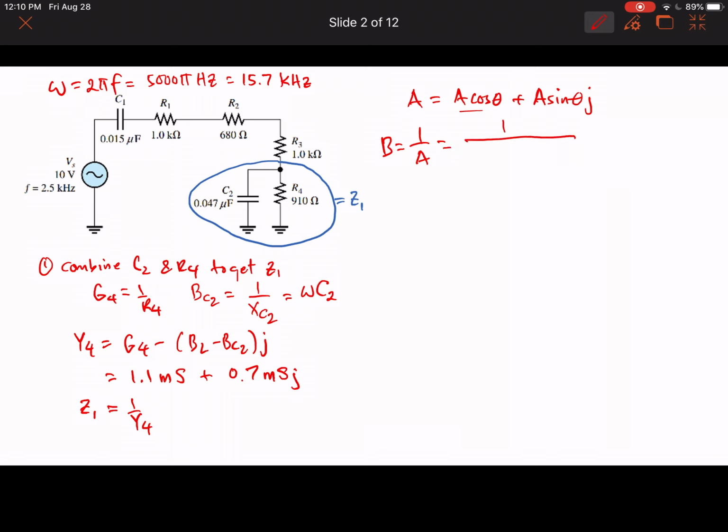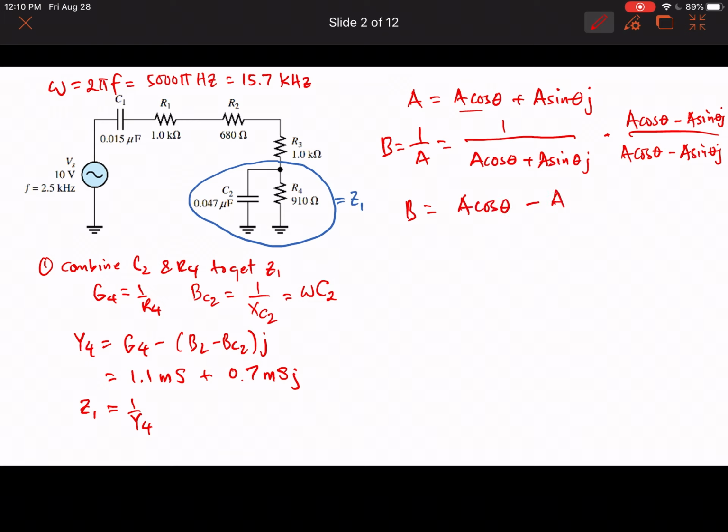What we're going to do then is write this down in the denominator. Then we multiply everything by 1, or a cosine theta minus a sine theta j divided by a cosine theta minus a sine theta j. The numerator becomes a cosine theta minus a sine theta j, everything divided by a squared cosine squared theta plus a squared sine squared theta.